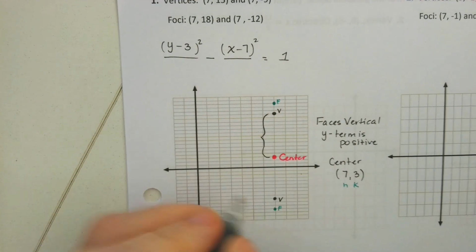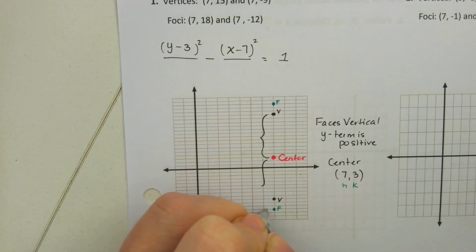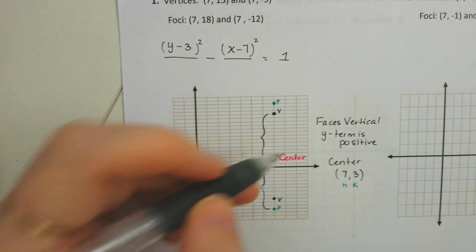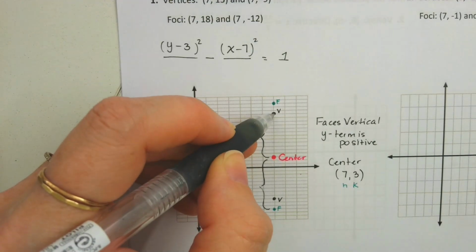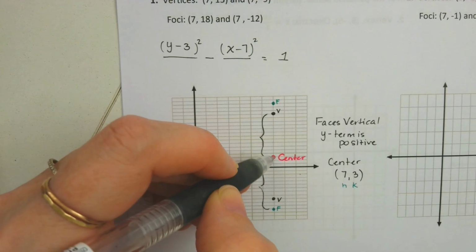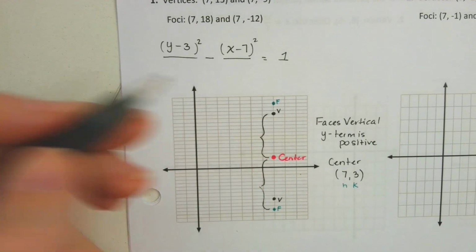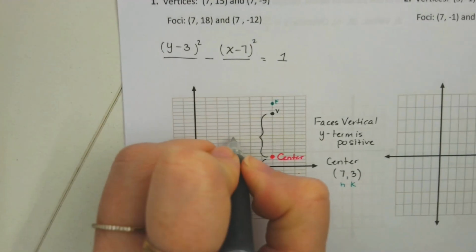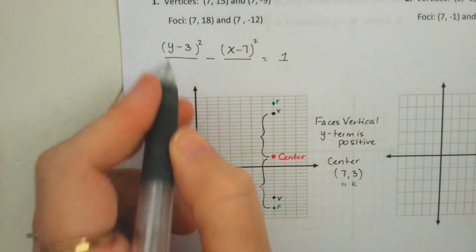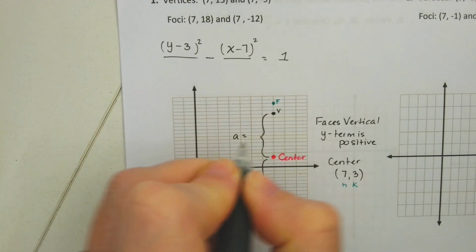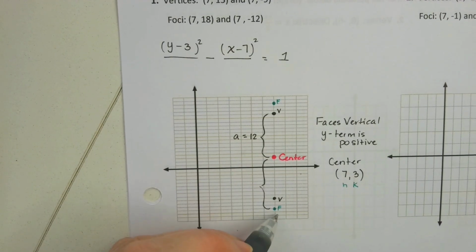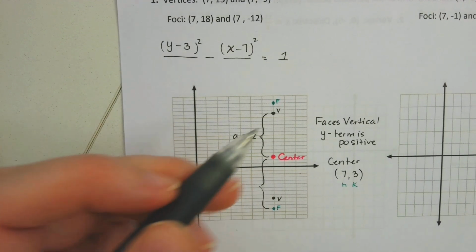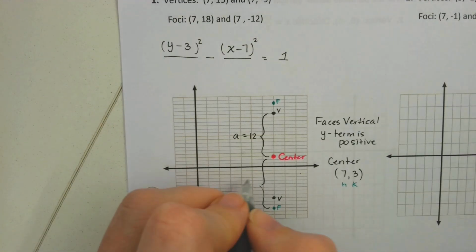Center to the vertex, that would be going from 3 to 15. 3 to 15 would be a difference of, what is that, 12? So it would be how much I counted in the y direction. I believe that's just a. a is 12. And then from center to the focus would be a distance of how much? 15?